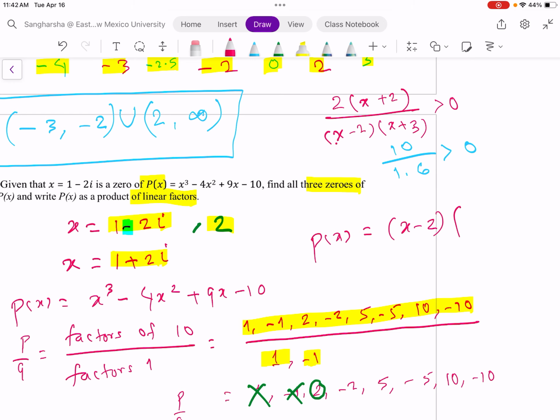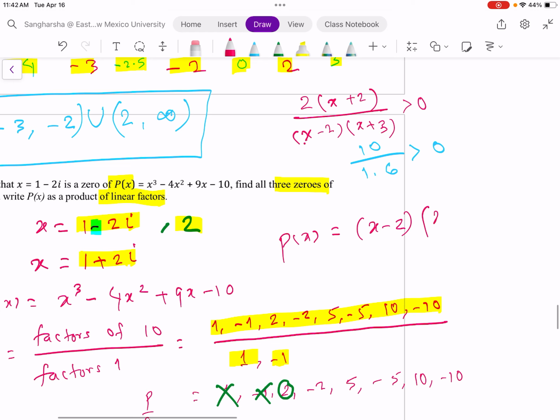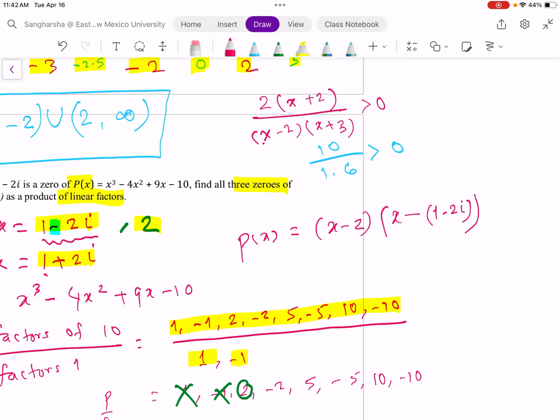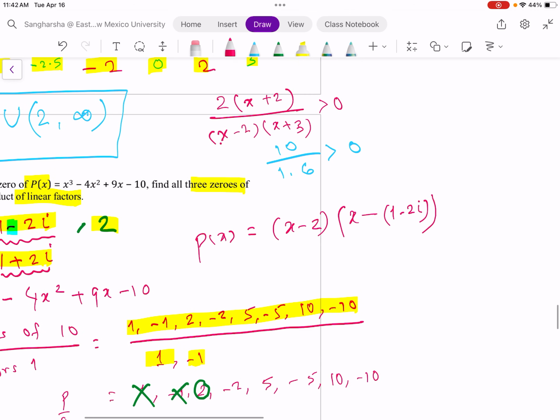If 1 minus 2i is a complex zero, what is the corresponding factor? x minus this number, 1 minus 2i. Make sure you have the parentheses, because you have more than one term. And the factor corresponding to this zero is x minus this number, 1 plus 2i.